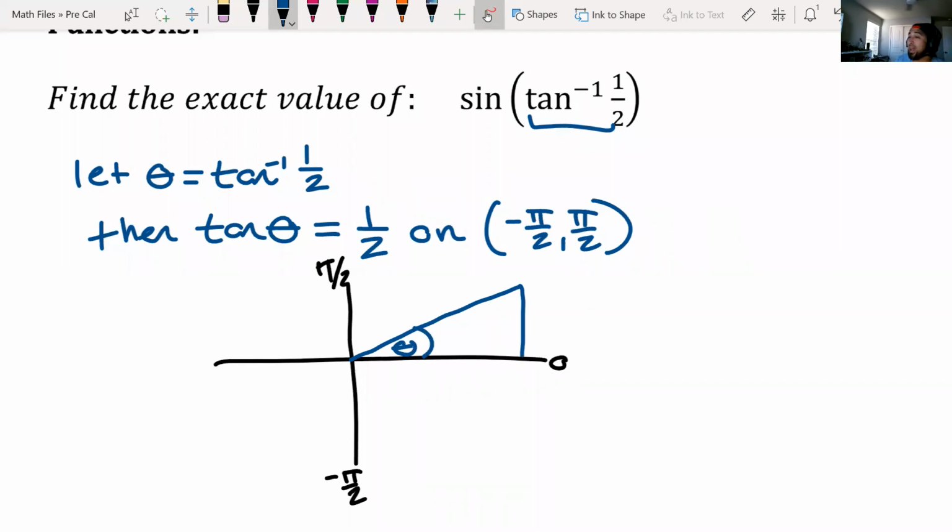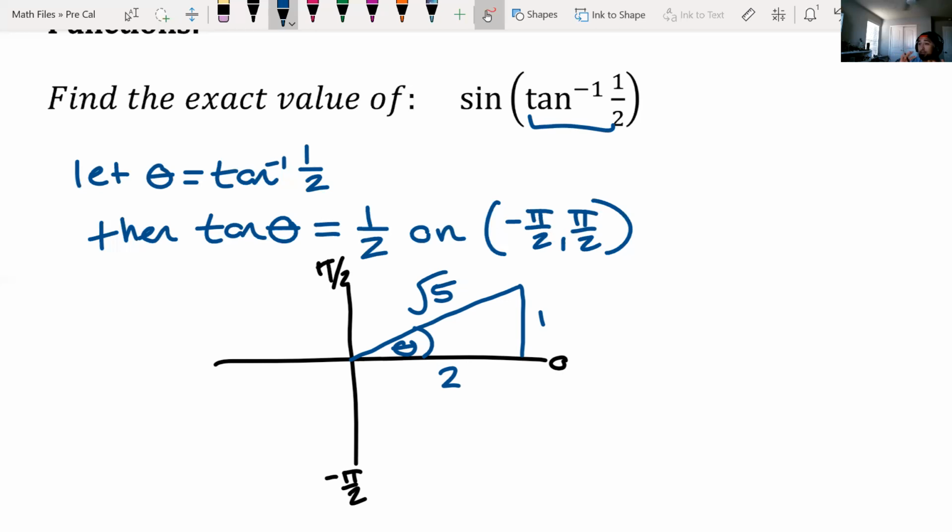And if tangent is 1/2, this means that the height of the triangle is 1 and the base of the triangle is 2. This means our hypotenuse is what? Square root of 5, because it's 1 squared plus 2 squared. Yeah, plus. I did minus in my head. There you go. Okay. So now theta holds all of this information.